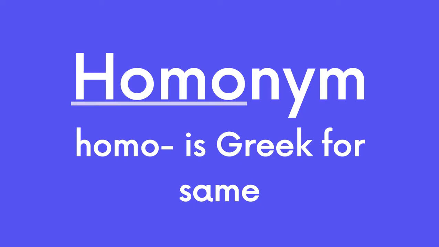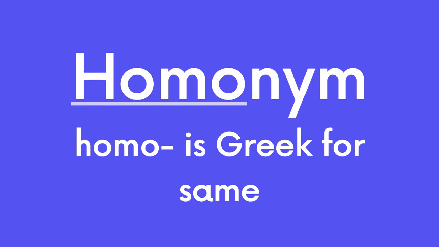So if you really want to delve into vocabulary and learn a lot of vocabulary, one of my suggestions would be to learn Greek and Latin roots, because if you can learn those, then you definitely would have an easier time figuring out the meanings to a lot of these words. But again, homo in Greek means same.